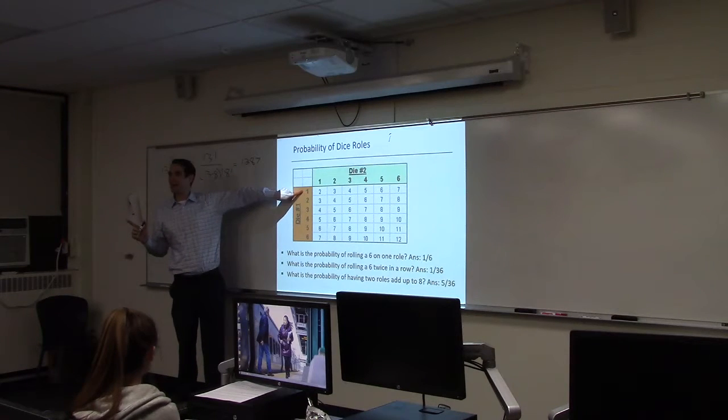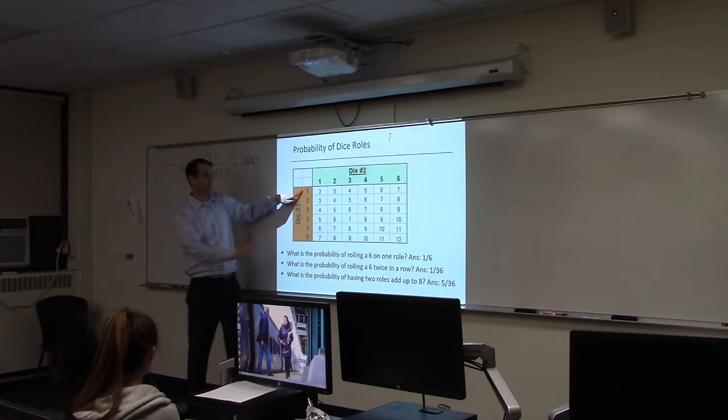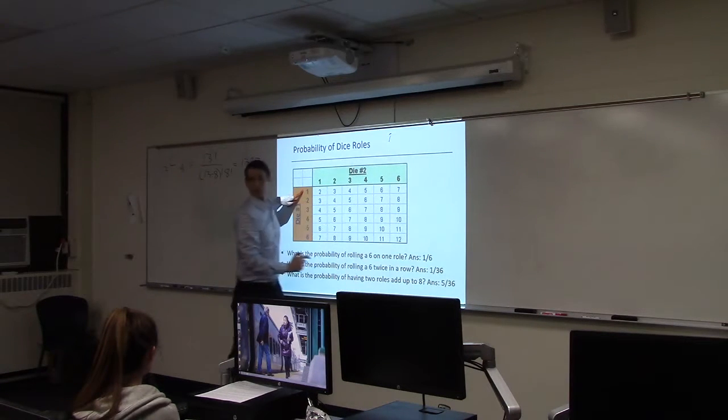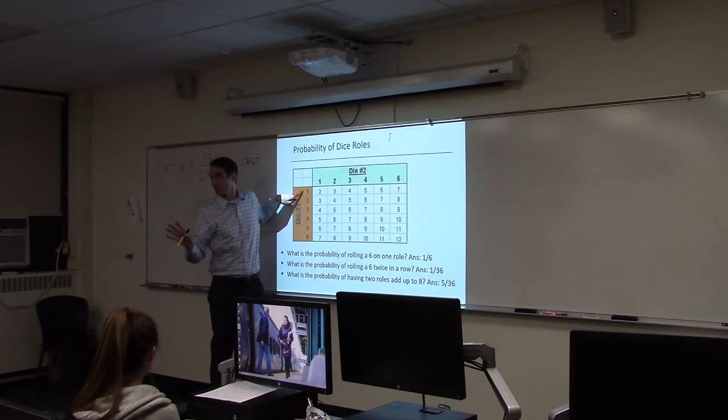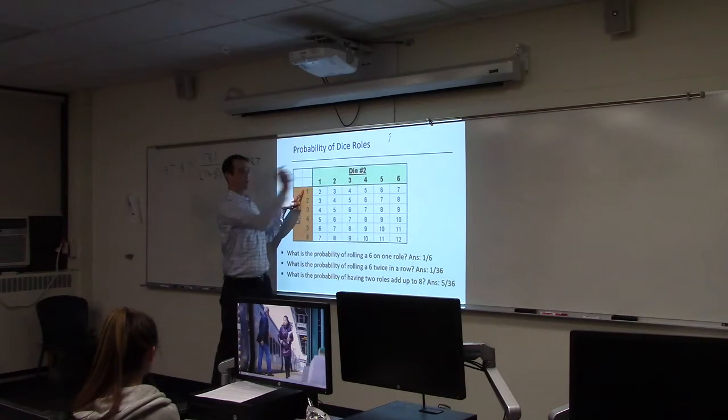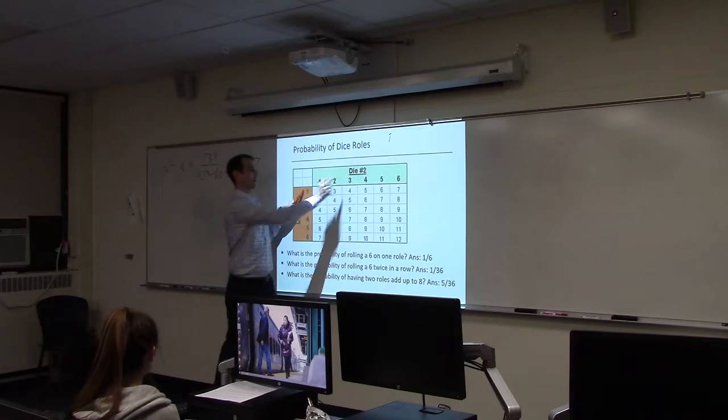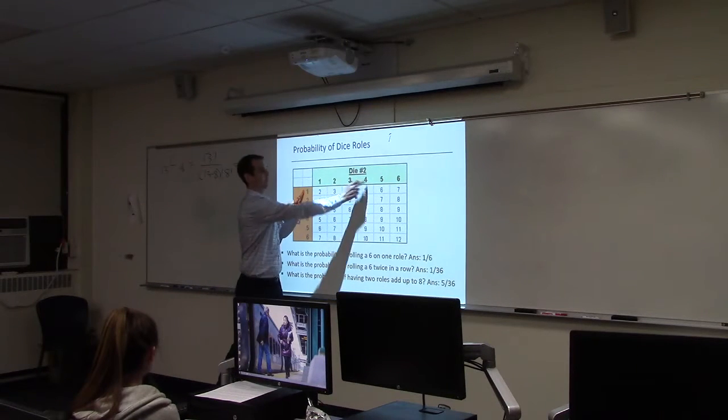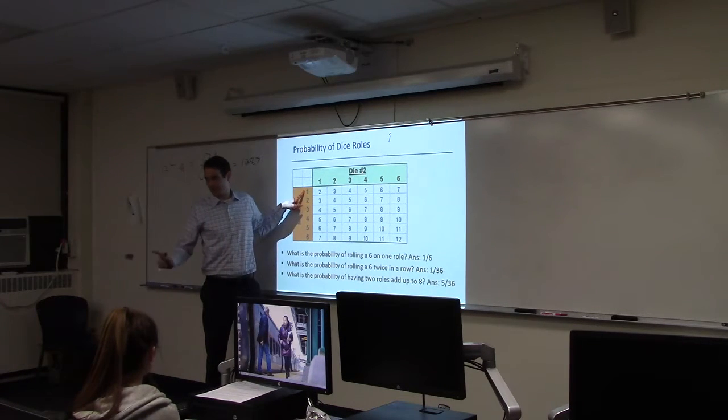On the first die, I could roll a 1. And then when I roll the second die, I could roll a 1, 2, 3, 4, 5, or 6. So that's 6 things that could happen right there. A 1 on the first die, a 1 on the second die. A 1 on the first die, a 2 on the second die. A 1 on the first die, a 3 on the second die. A 1 on the first die, a 4 on the second die. That's 6 things that could happen.